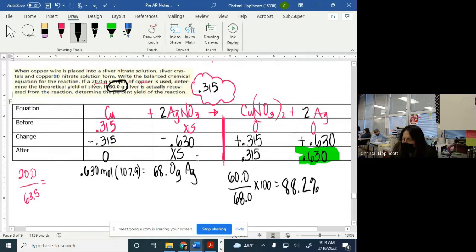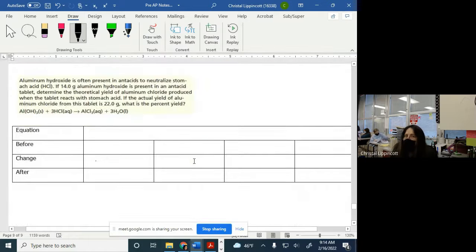All right, you want to do another one? Try to do one more. They've given us our balanced equation.